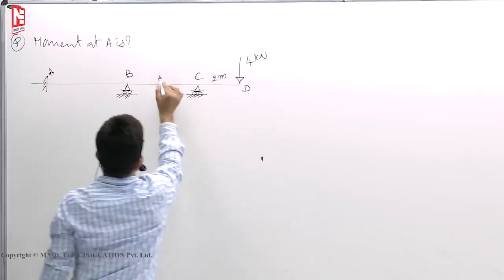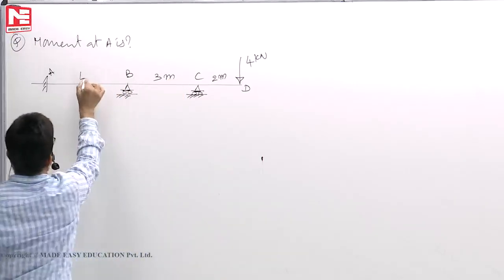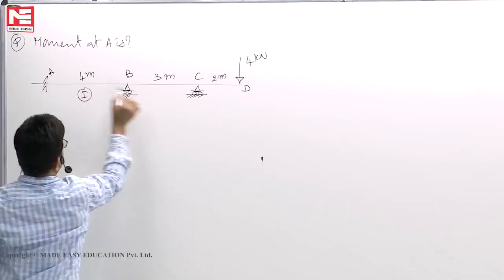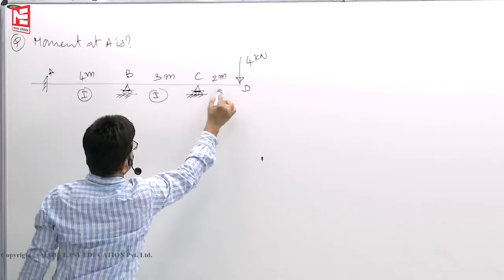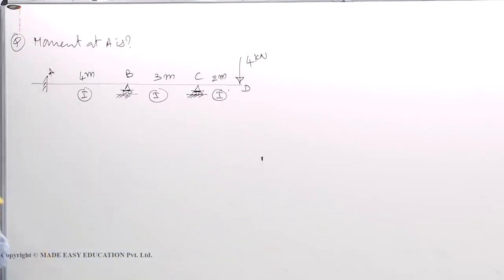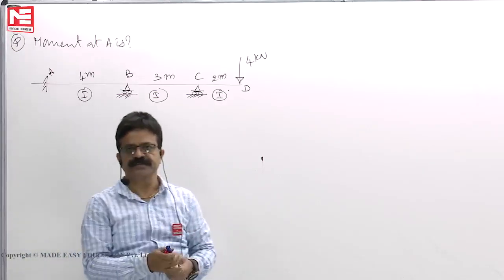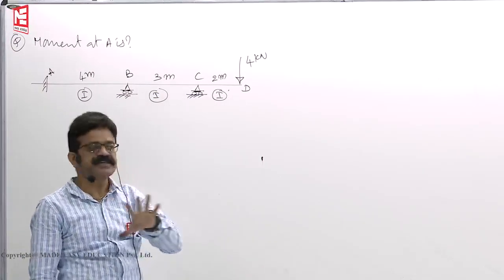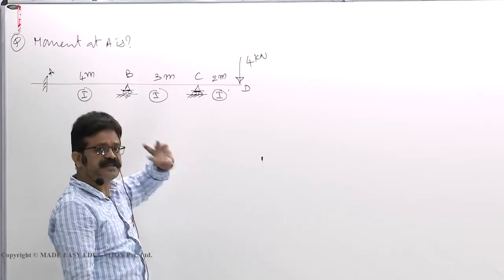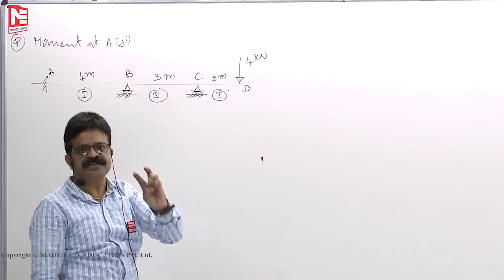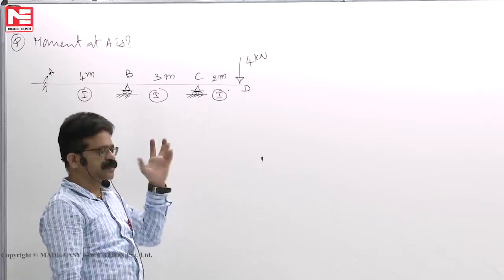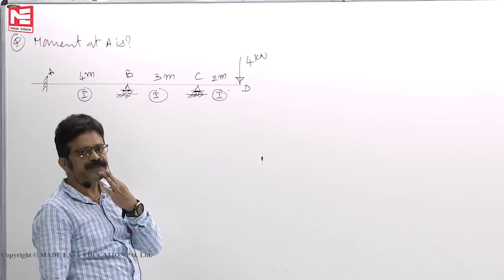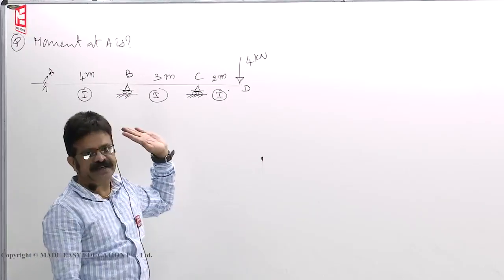This is 2 meters, 3 meters, 4 meters, I. In one of the civil services exams, it was a 20 marks question. That means you have around 5 minutes to draw. Within 5 minutes you must draw SFD, BMD, the complete analysis. Now we want only the moment at A.